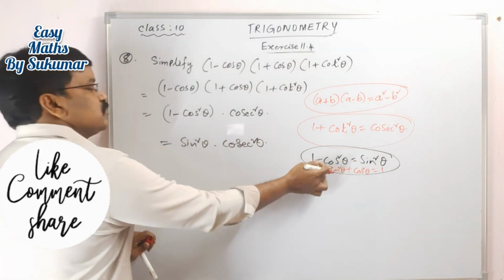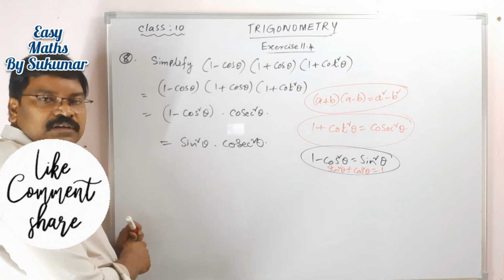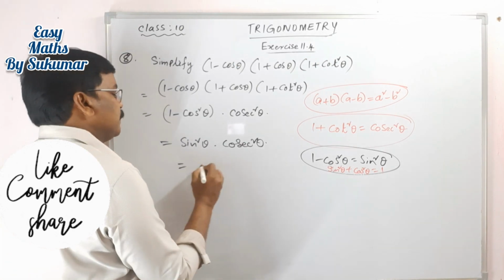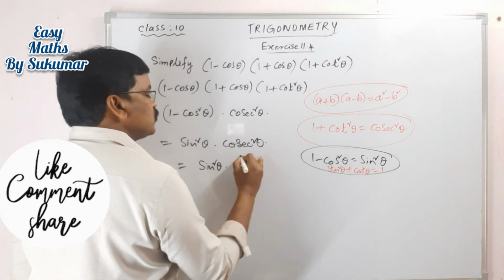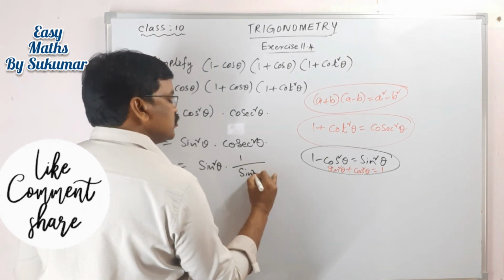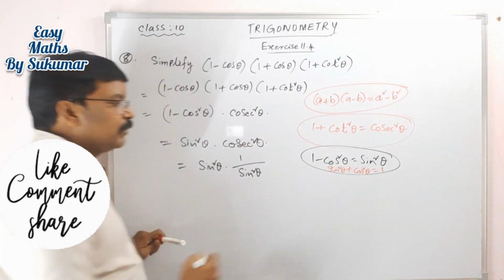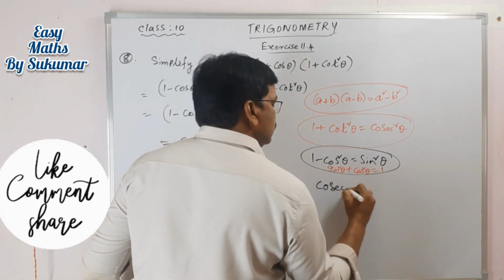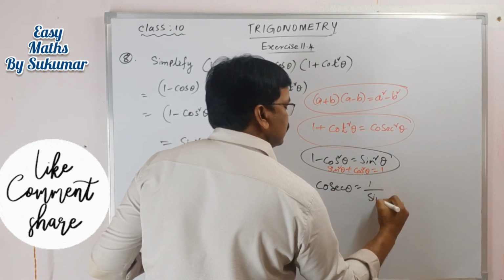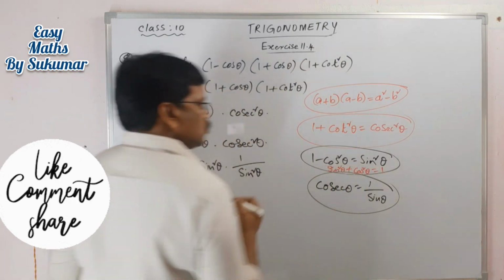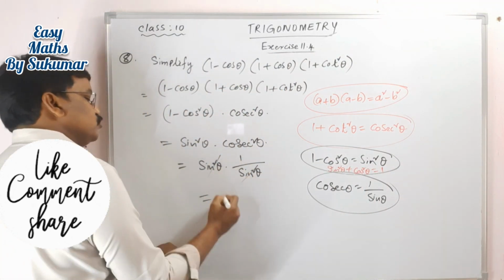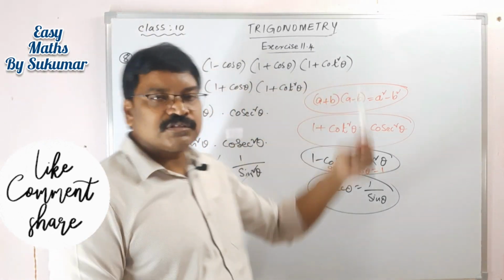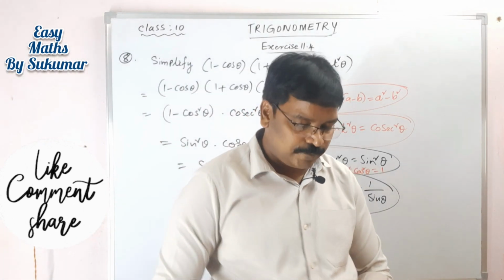Now sin square theta into cosecant square theta: cosecant theta means 1 by sin theta, so the sin square cancels. It is equal to 1. So this answer is 1.